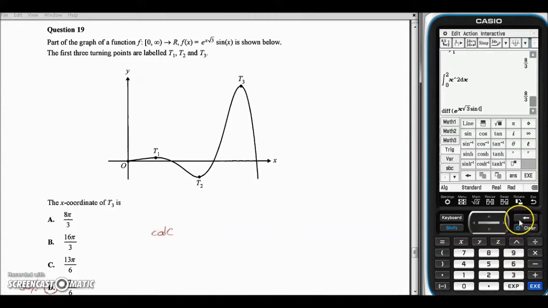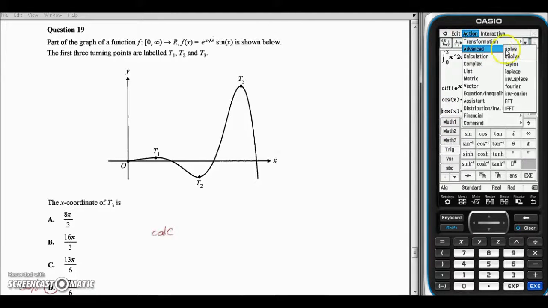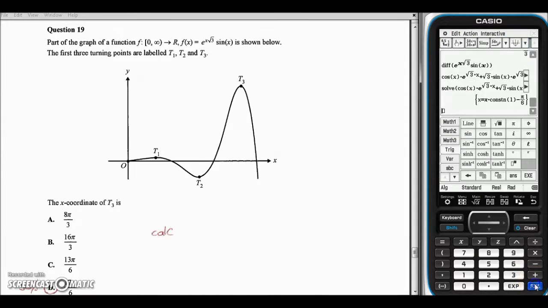Whoops, I'm still in the exponent. So get out of that. Sine of x. So if I differentiate it, I get this horrible looking thing here. And if I set that equal to 0 and I solve, I get a general solution, which is not what I want.